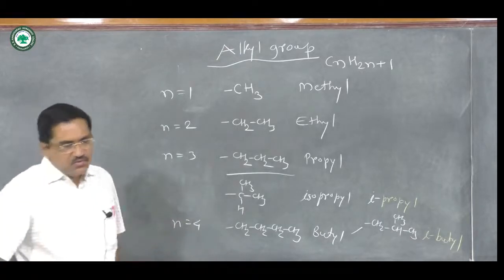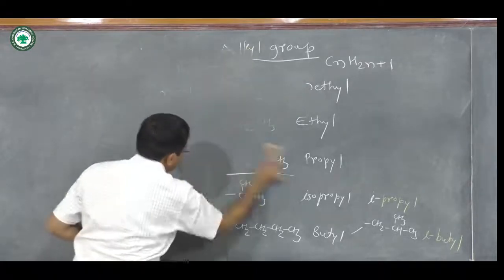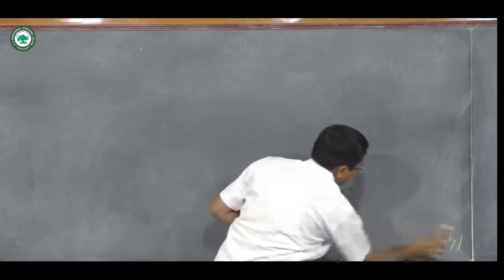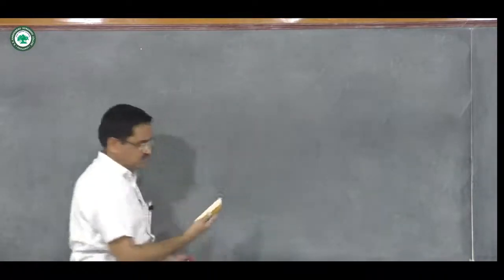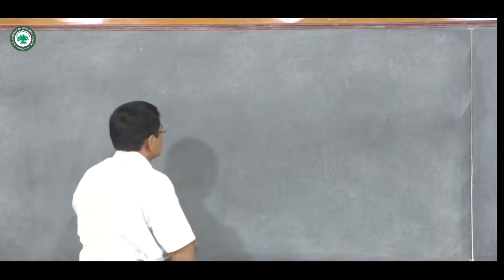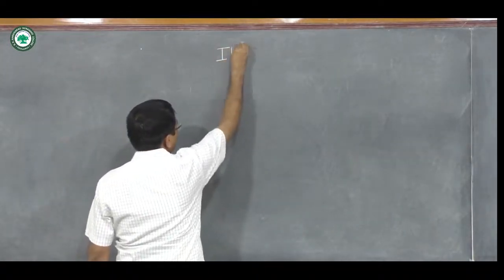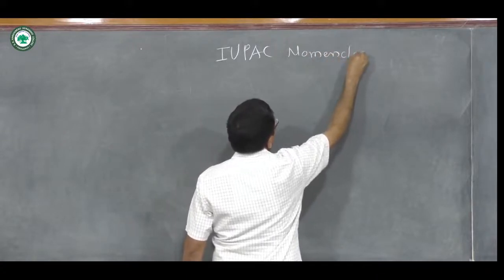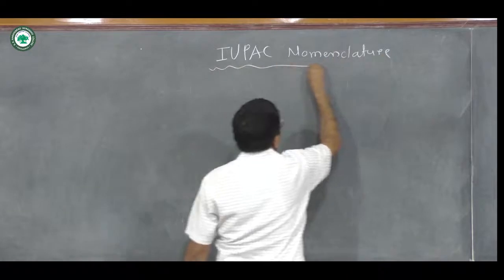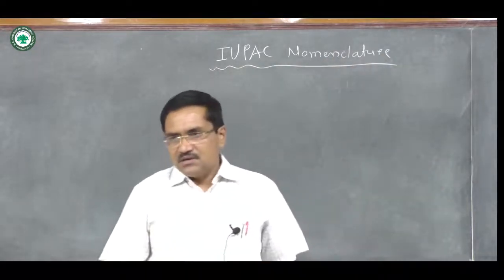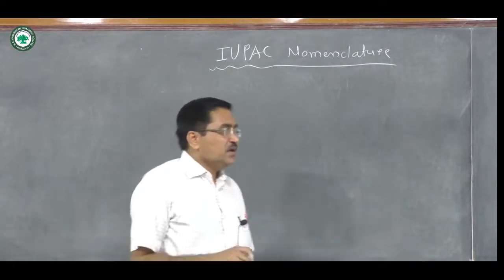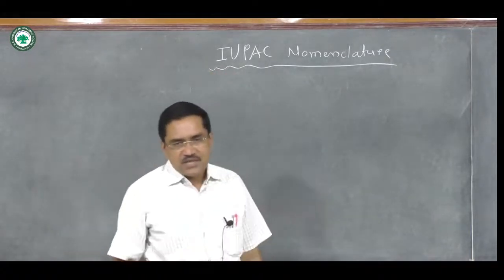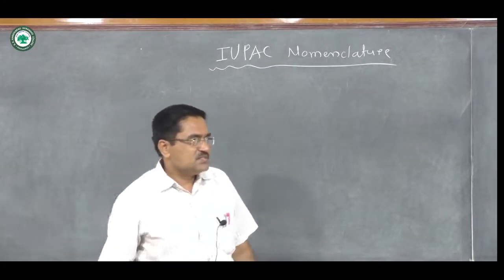Now we will move towards the IUPAC nomenclature. IUPAC nomenclature is a nomenclature method developed internationally, and this is accepted by all chemists as well as researchers as well as students.